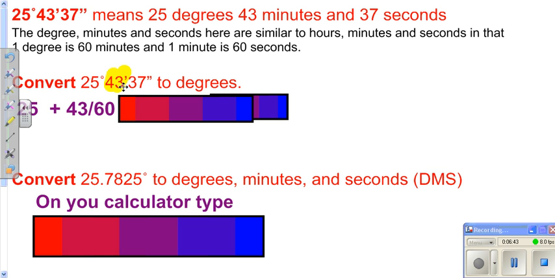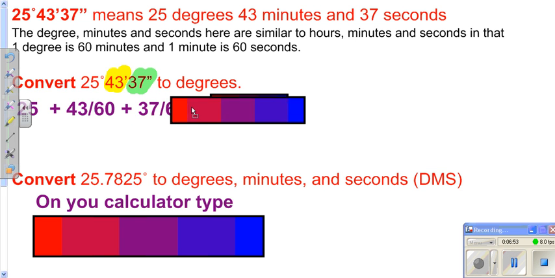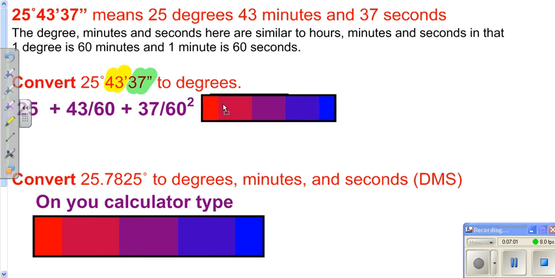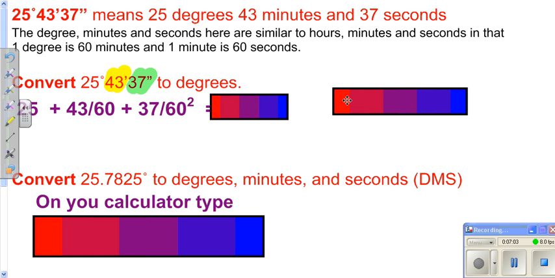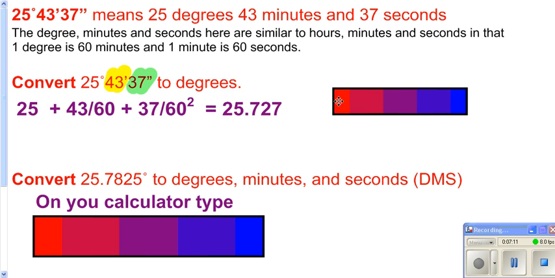You're going to use the same process either way. When you are looking at your 37 seconds, you need to divide it by 60 once to change it into minutes, and then you've got to divide it by 60 again to get it into degrees. So basically you're dividing it by 60 times 60, or 60 squared. When you go ahead and just type this right here into your calculator, you will get this.